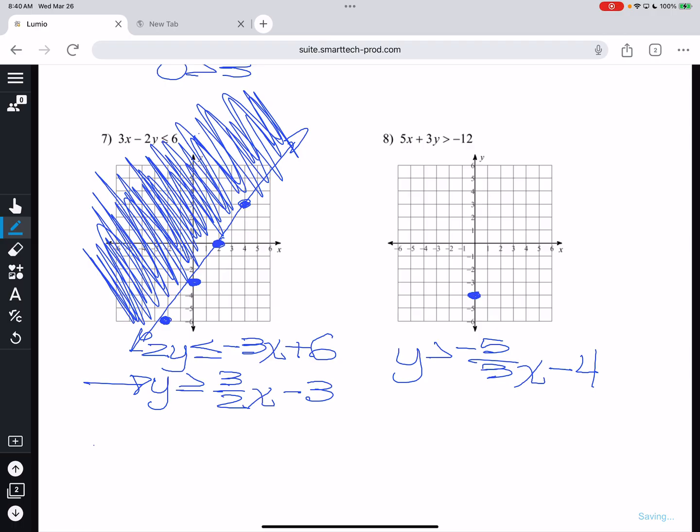Madeline, what's the slope? Negative 5 over 3. All right, if we're this low down, how do we show that? How do we graph the first point? You have to go down about 5. Well, I fall off the graph.